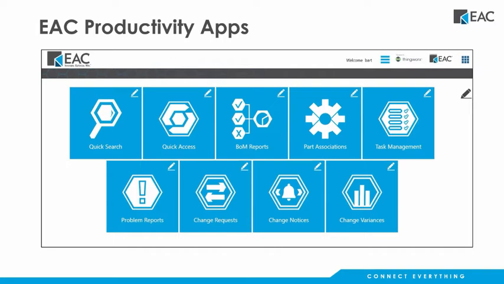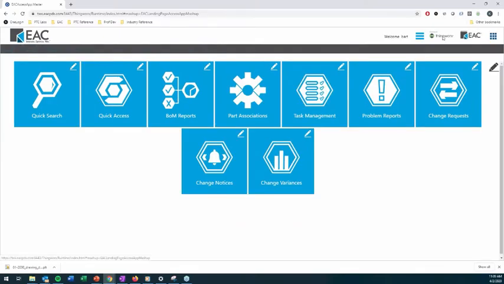And so we came to a couple of customers and talked to them and said, okay, this is great, but what else can we do? They came and asked us, can you do this with it? This is nice, but I want to do this. So EAC Productivity Apps is our internally developed product that is building on the promise of Navigate. And with that, that's what I had from an introduction standpoint, and I think we can go ahead and get right into it.